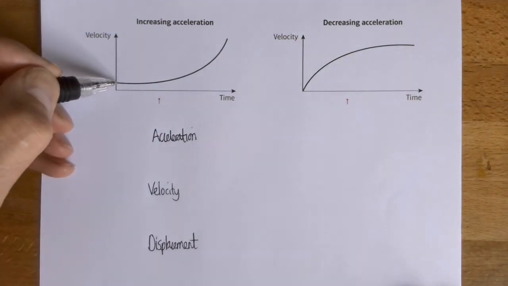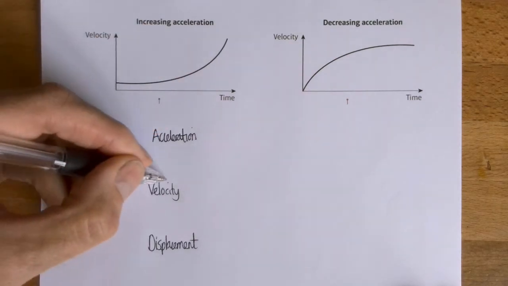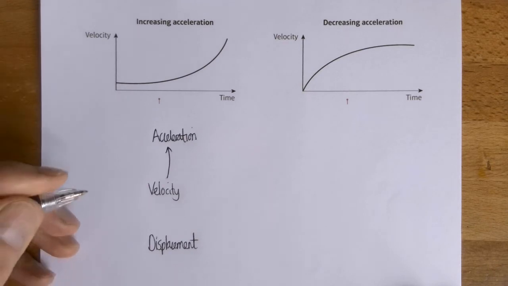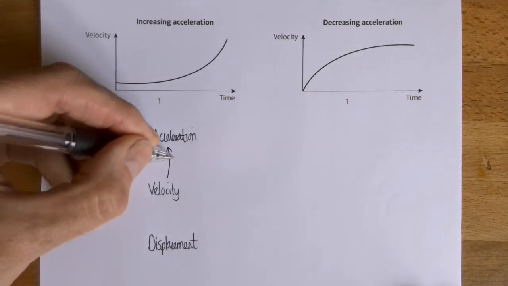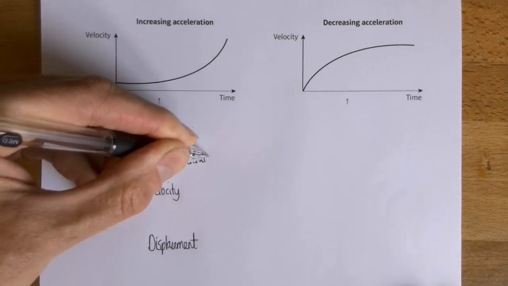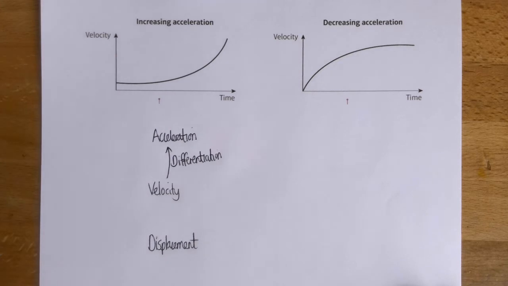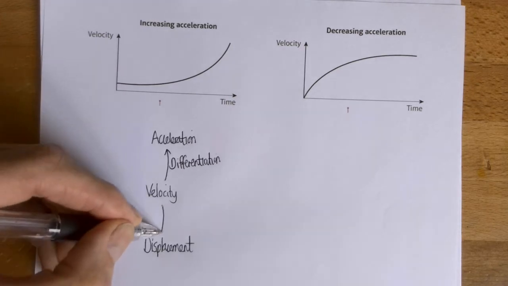We've got differentiation, which allows us to work out the gradient of a curve. So if I want to work out the acceleration from a velocity graph, I need to do some differentiation. And if I want to find the area under a velocity graph, which is what gives me the displacement, well, that's integration.